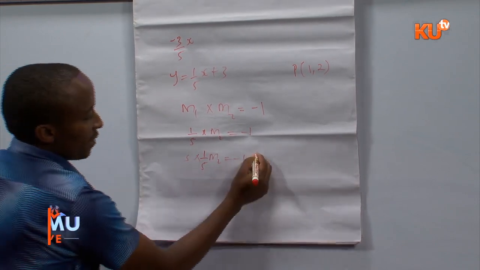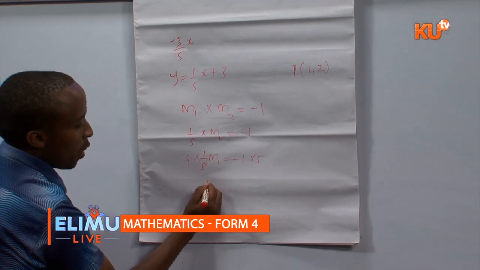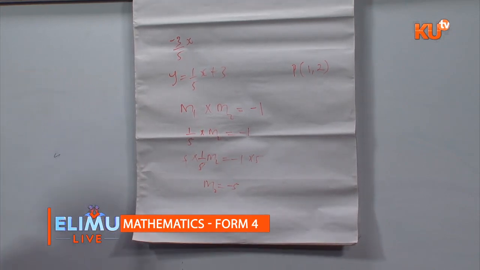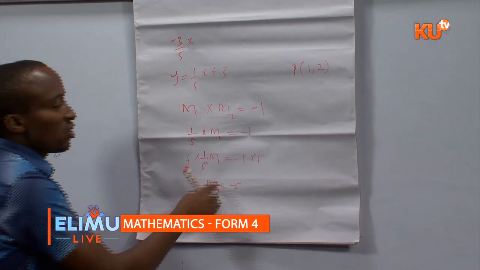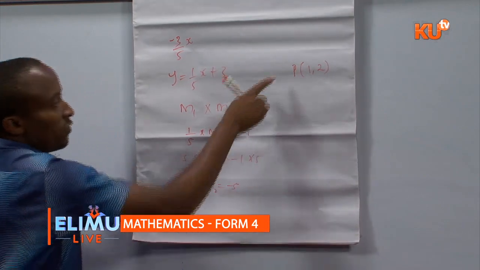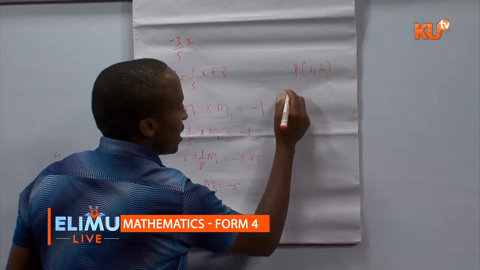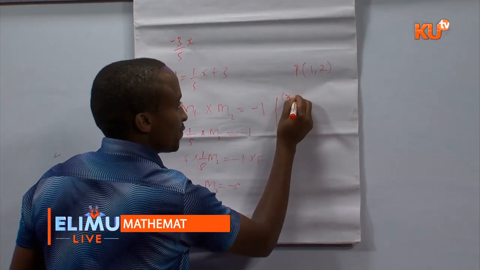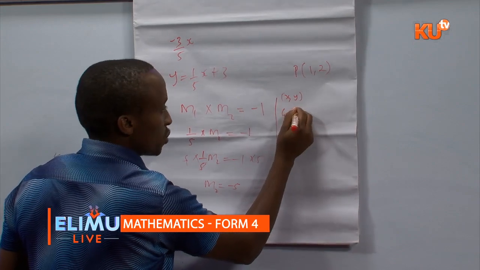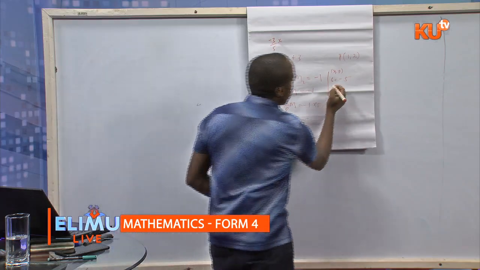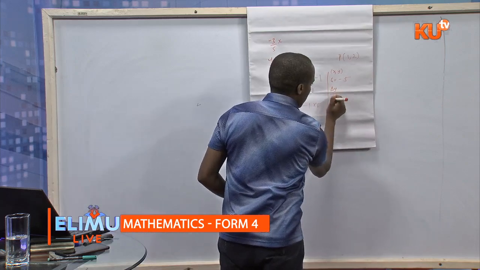Multiply both sides by 5, so our m2 is equal to -5. Having known the gradient of this line, I am able to find its equation. You let any other point be (x, y), and you know the gradient is -5.